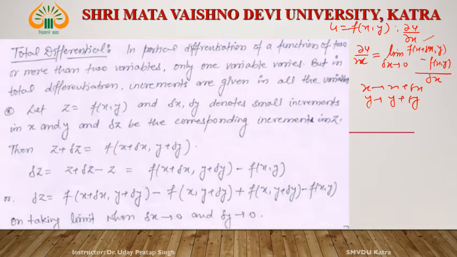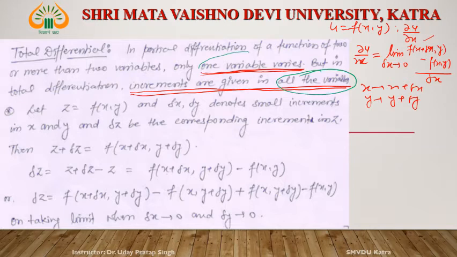See here, in partial differentiation of a function of two or more variables, only one variable varies, but in total differential, increments are given in all the variables. It is important. Increments given in all the variables, but here the increment is given only in one variable, right? This is the PD, partial derivative, and this is the total derivative TD, right?